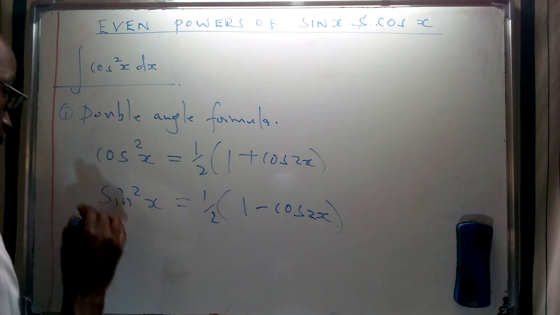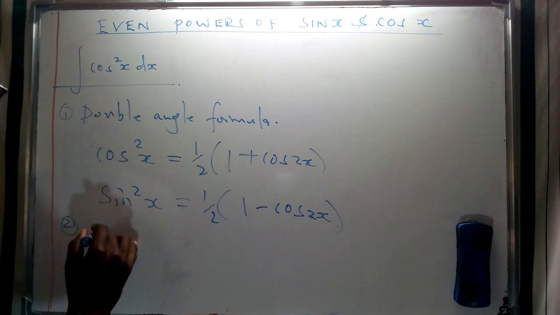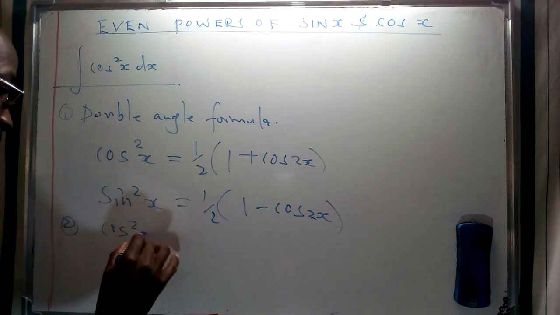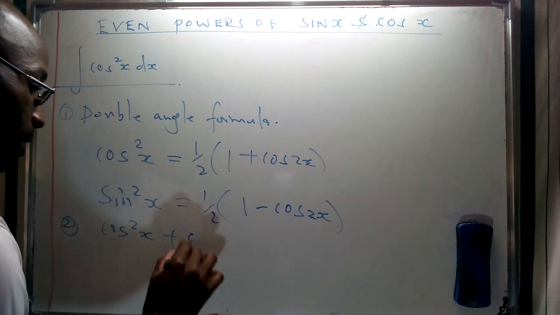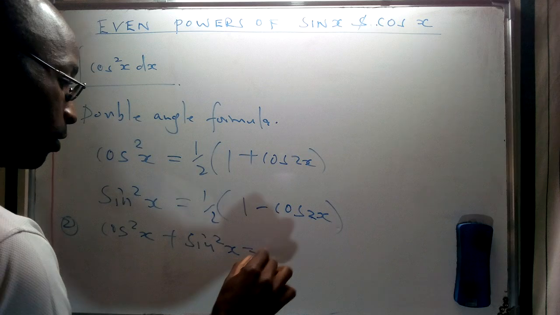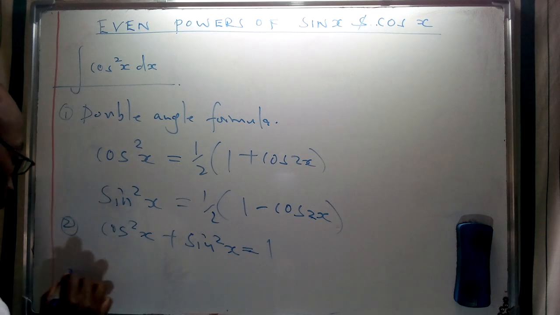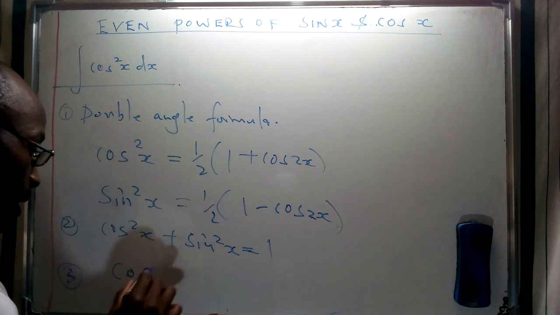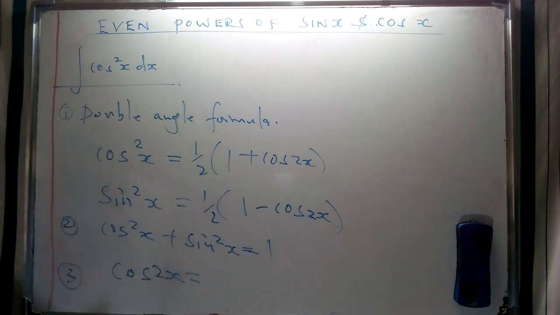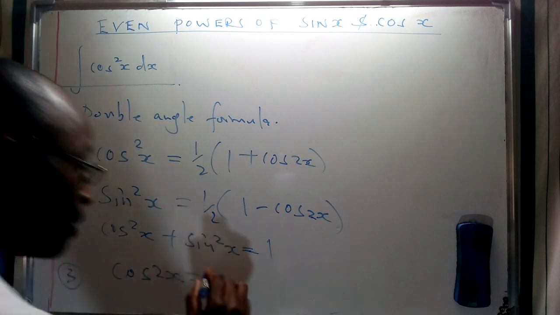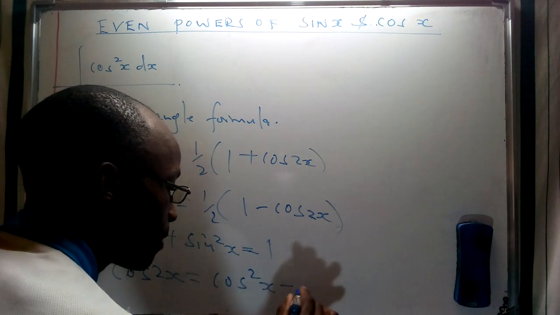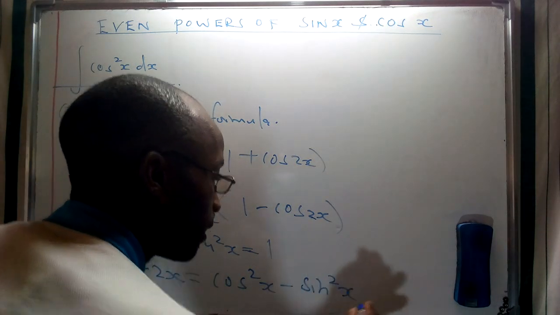So next we have this specific identity, whereby the square of the cosine of x plus the square of the sine of x is going to give us unity, and we have applied this in some of our discussions. And then third, for the cosine of 2x, this is going to be given as the square of the cosine of x minus the square of the sine of x.